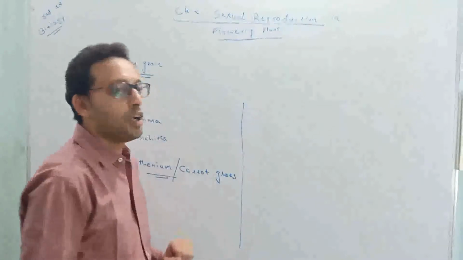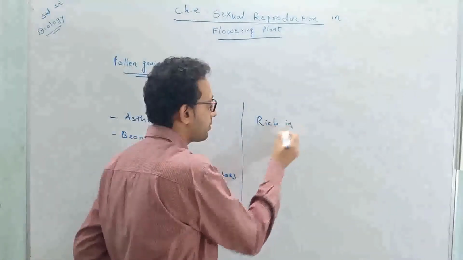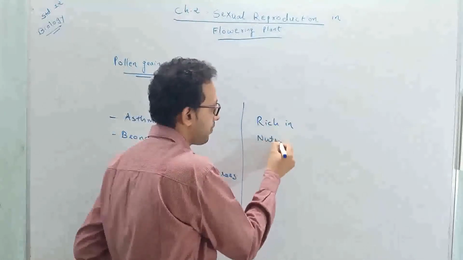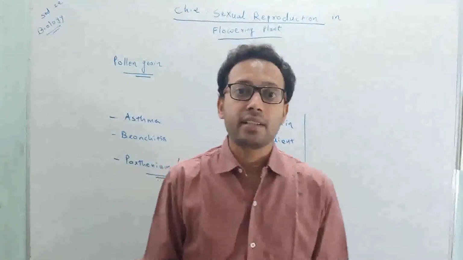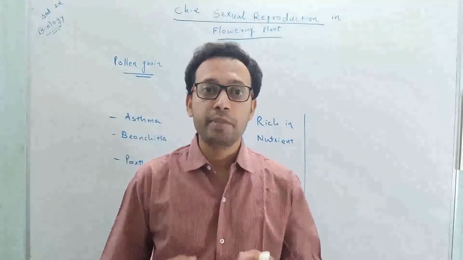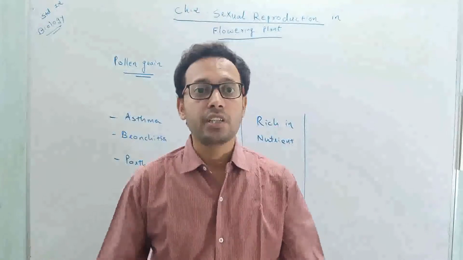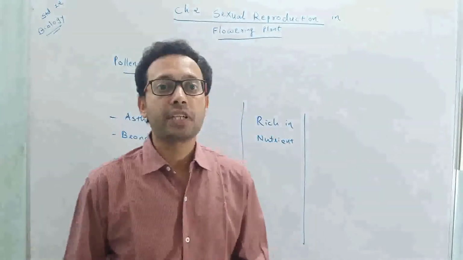Apart from that, pollen grains are rich in nutrients. Nowadays it is a trend that many people are consuming pollen grain. They believe that they are rich in nutrients such that they give more strength to a living organism.